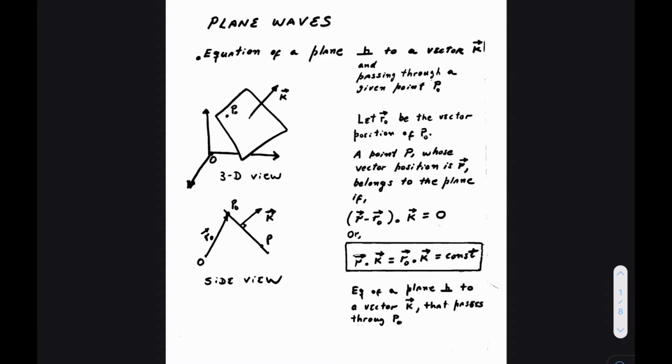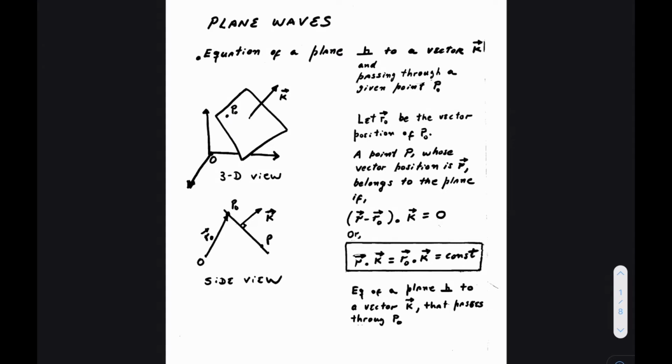Now, in order to find the equation, let us define the position vector of P0, which is this vector, as R0. You can also see this vector R0 from the side view here. Now, let's take a random point on this plane, which we may call P, and denote its position vector with R. Then the vector connecting P and P0 we can call R minus R0.